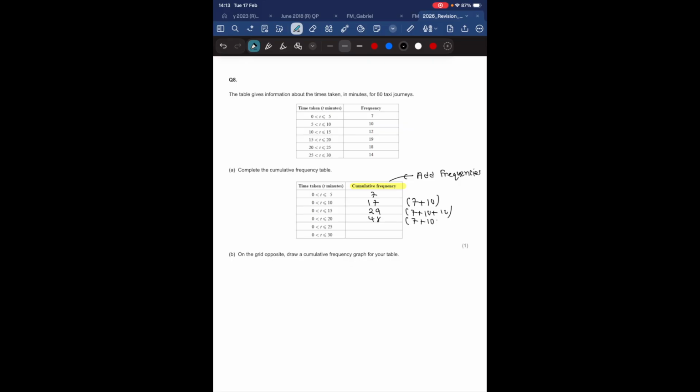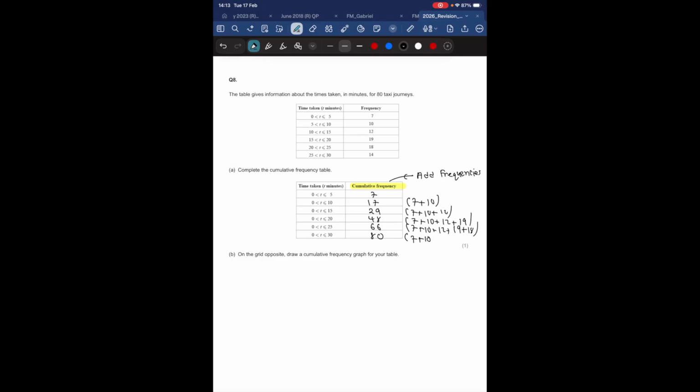The next is 7 plus 10 plus 12 plus 19 plus 18, which gives us 66. And then the final cumulative frequency, 7 plus 10 plus 12 plus 19 plus 18 plus 14, will give us 80.